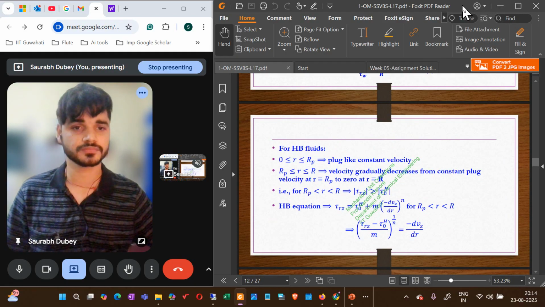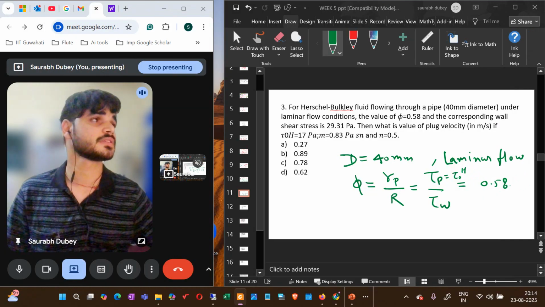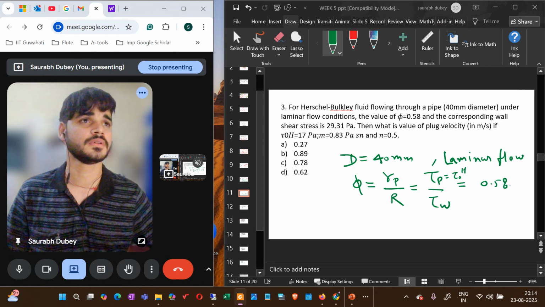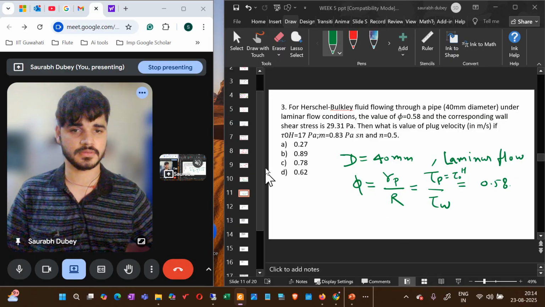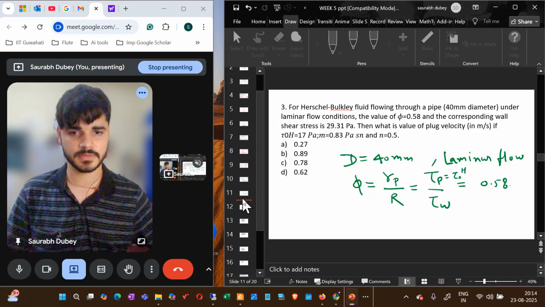So with that in mind, let us see the equation that we were solving. Okay, so now you know that this was going to be the Herschel-Bulkley fluid. Let me just save it first.